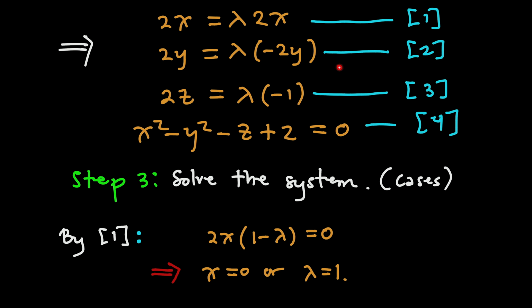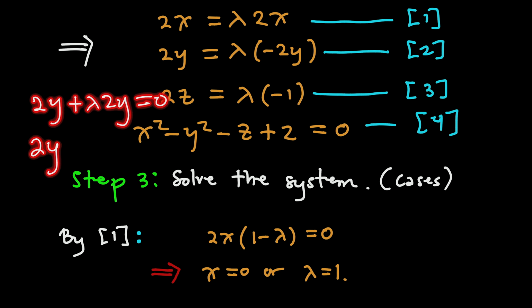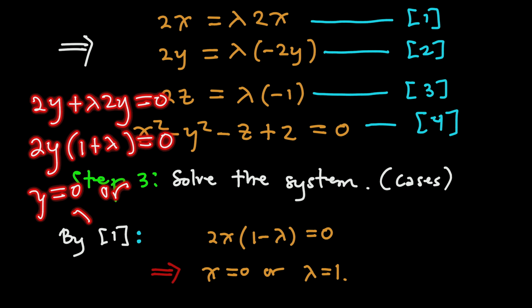If you use a similar process for equation 2, you can obtain a value of y and lambda. Transposing to the other side, you obtain 2y plus lambda times 2y equals 0. Factoring out 2y, you will have 2y times 1 plus lambda equals 0. Therefore, you obtain y equals 0 or lambda equals negative 1.